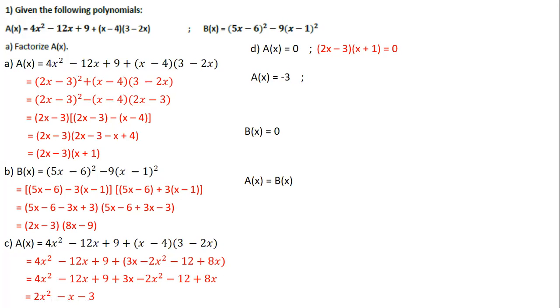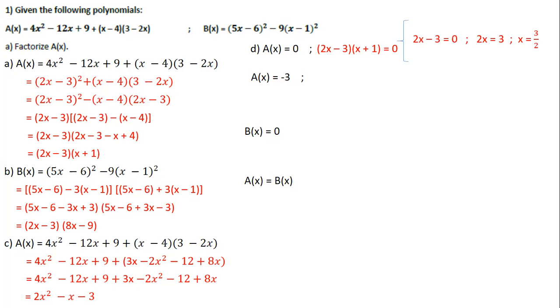If 2x minus 3 is equal to 0, then solve it. 2x is equal to? To 3, Amir. This is how we solve, Amir.